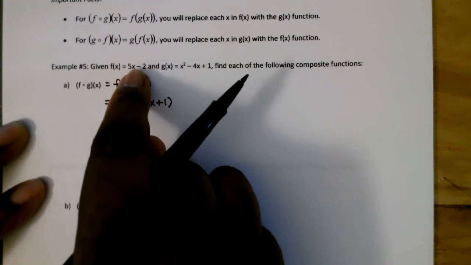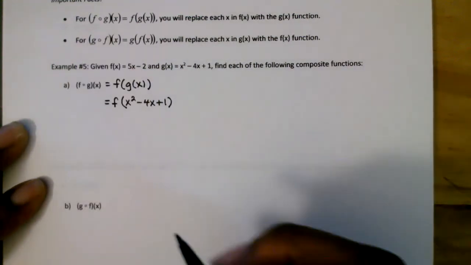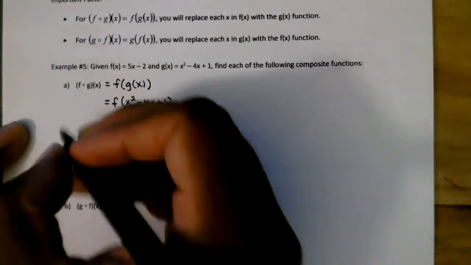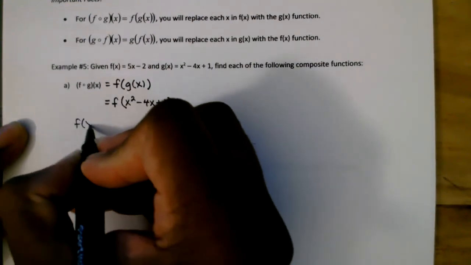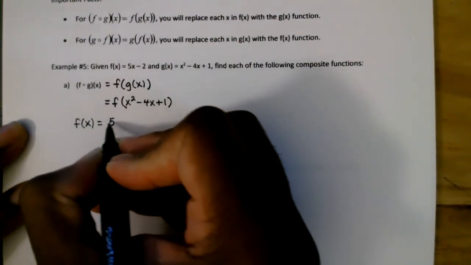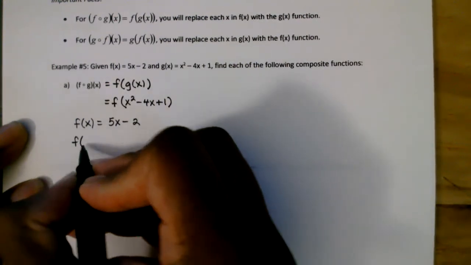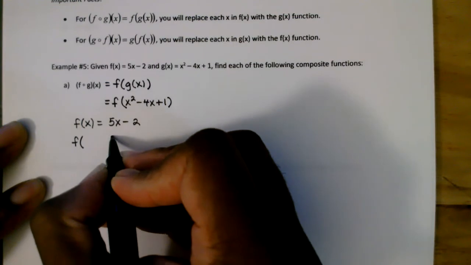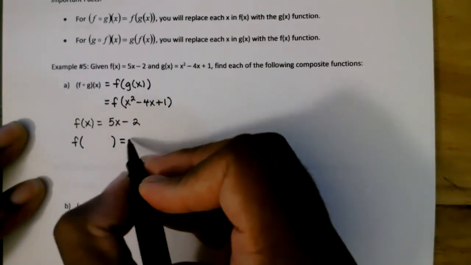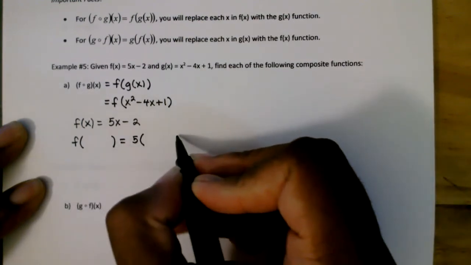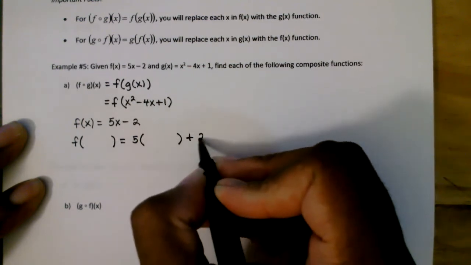Here, f of x is 5x minus 2, so I'm going to bring this down. Now here's where the substitution comes in. In the f of x function, I'm going to substitute each x with what g of x is equal to.